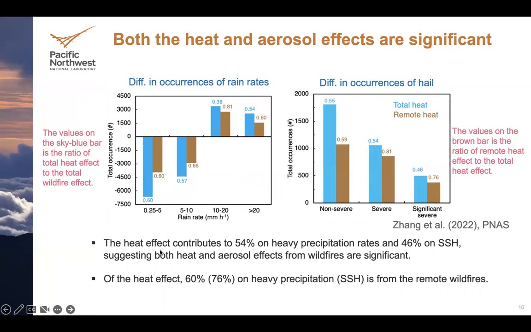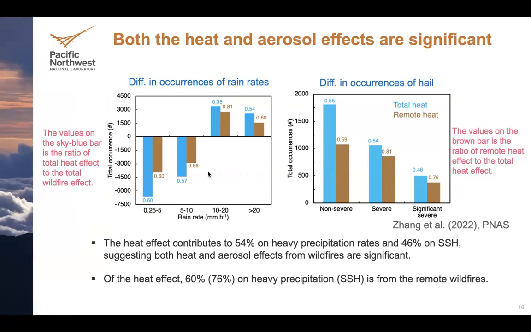So the heat effect contributes about 54% on heavy precipitation rate, and 46% on the significant severe hail, suggesting that both the heat and aerosol effects from the wildfire are significant, because the heat effect only contributes about 50% of the contribution.